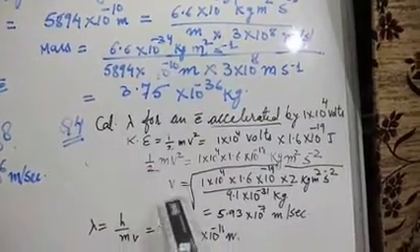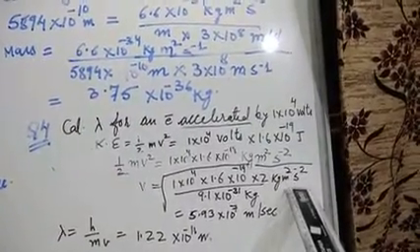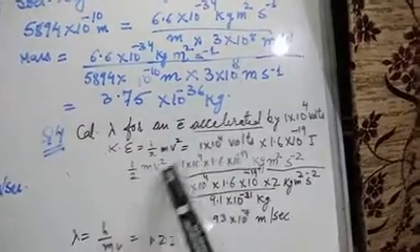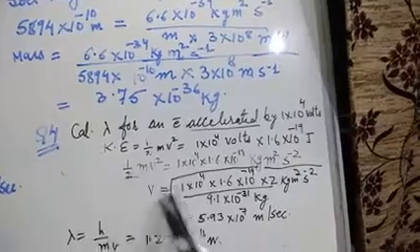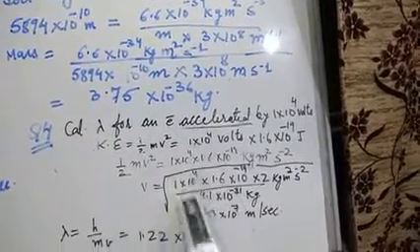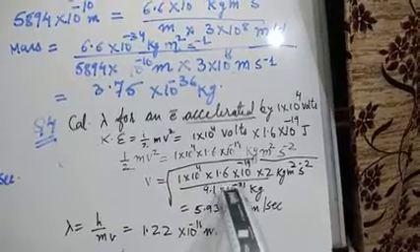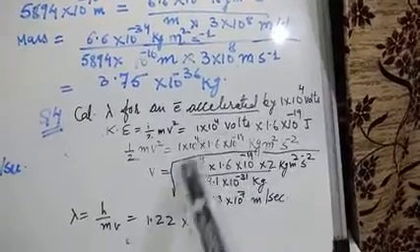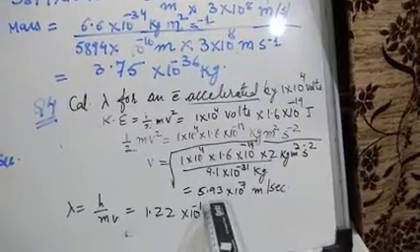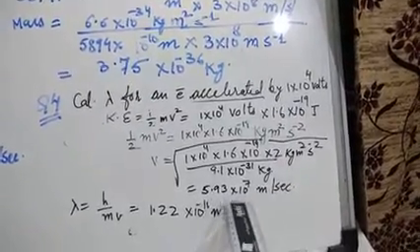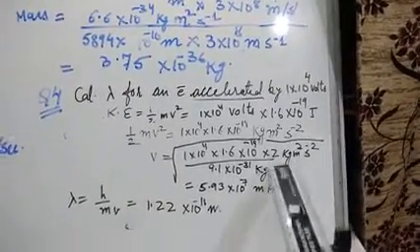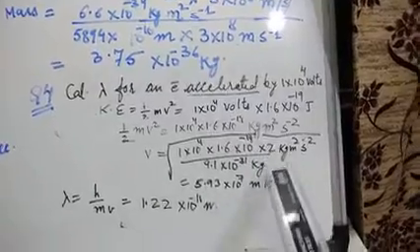So v will be under root of this value whole into 2 cross multiplication upon m. m is of electron because electron is getting accelerated. So 9.1 into 10 to the power minus 31 kg. And if you calculate the square root and everything, you will get the value 5.93 into 10 to the power 7 meter per second. Again, I am telling you these calculations are quite tough, quite complex.